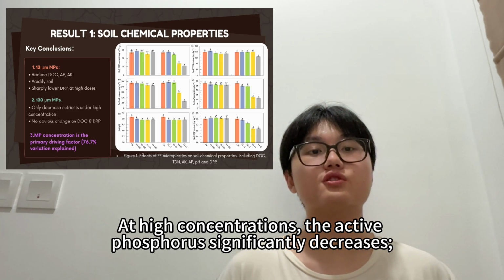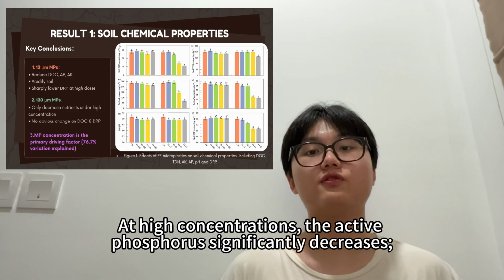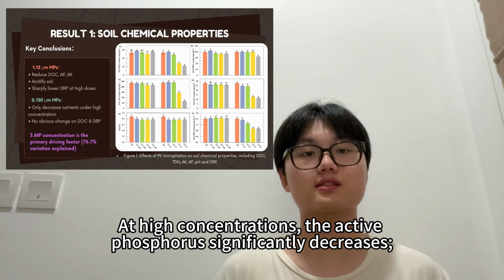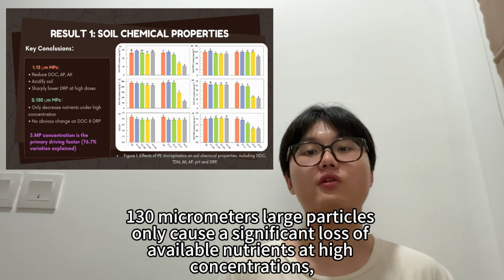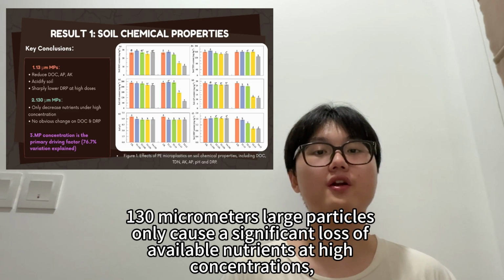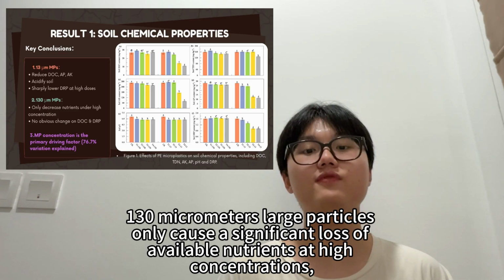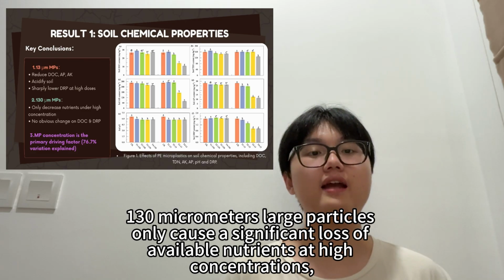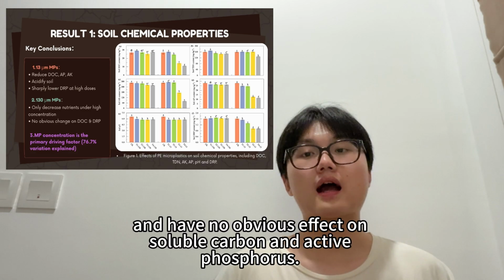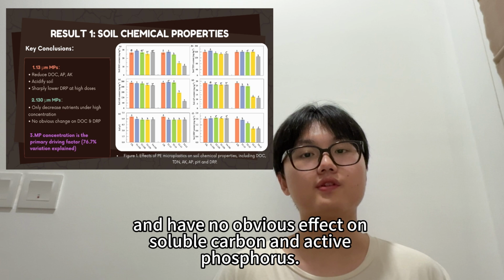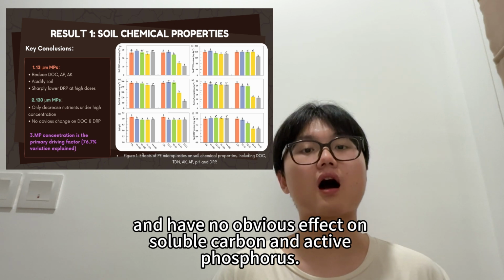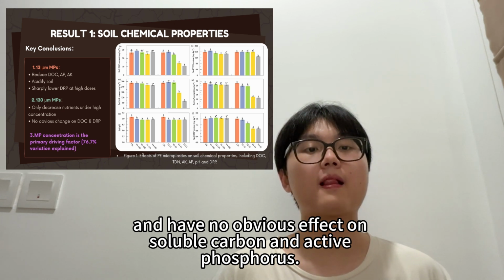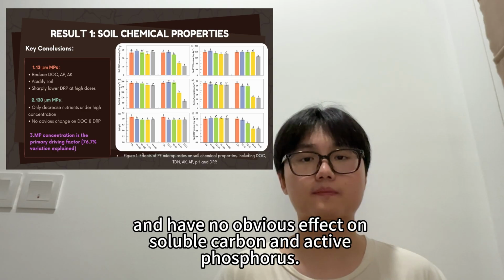At high concentrations, the active phosphorus significantly decreases. 130 micrometers large particles only cause a significant loss of available nutrients at high concentrations and have no obvious effects on soluble carbon and active phosphorus.